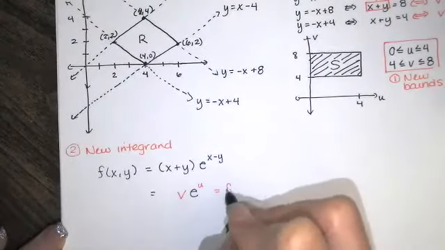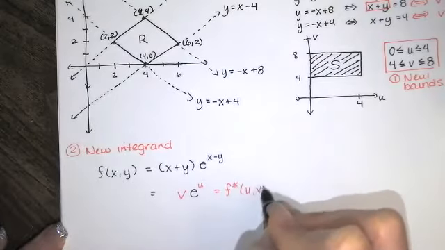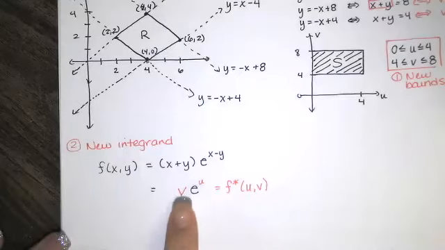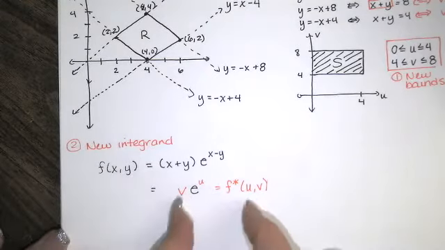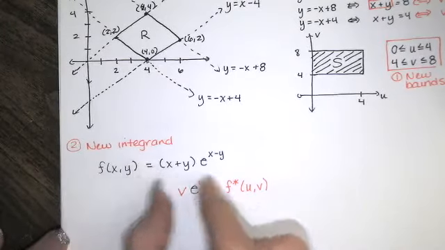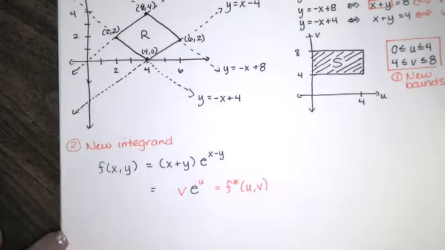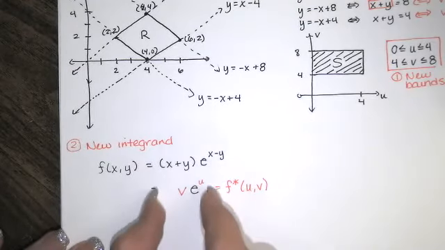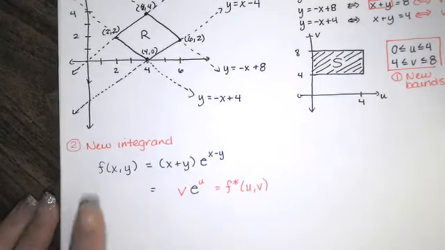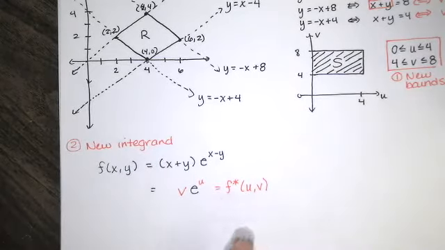So now I've got my new integrand in terms of u and v. I'm putting a little asterisk there because that f is not the same as that f. But these are the same. I've just written this new integrand in terms of u and v instead of x and y. Like this quantity is equal to this quantity under the transformation. But the function f is not equal to that function f, so I put a little f star there.